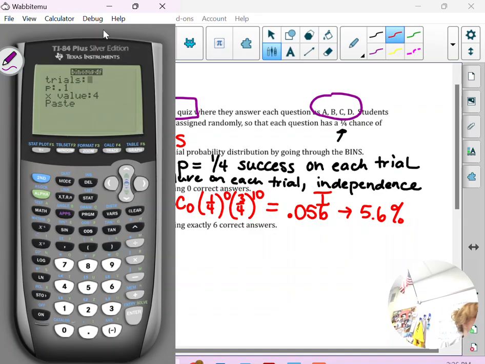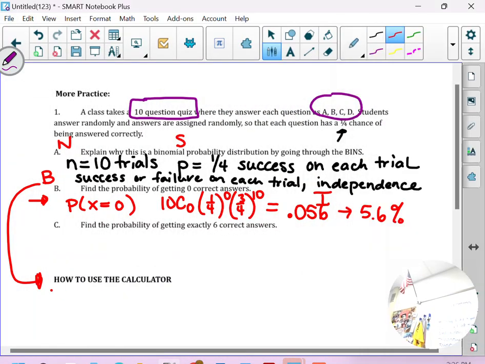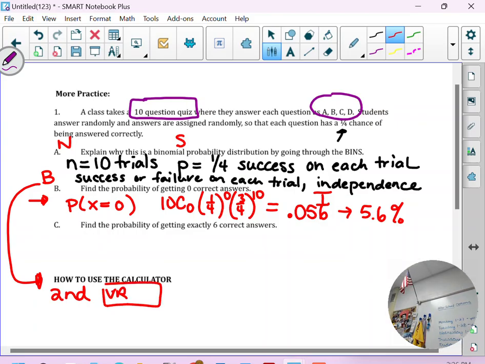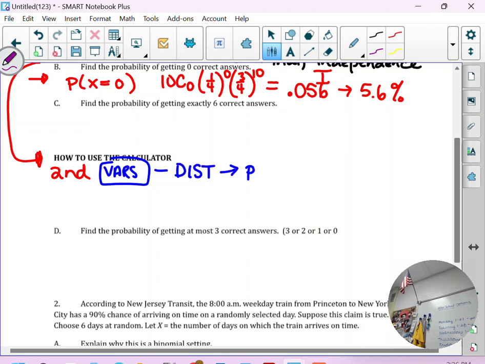Okay. Let me write down what we just did. So how do we use our calculator? We're going to do second and the vars key, because that will get us to the distribution menu, which has all different kinds of probability distributions, basically different work that we can do for probabilities of different kinds of variables.